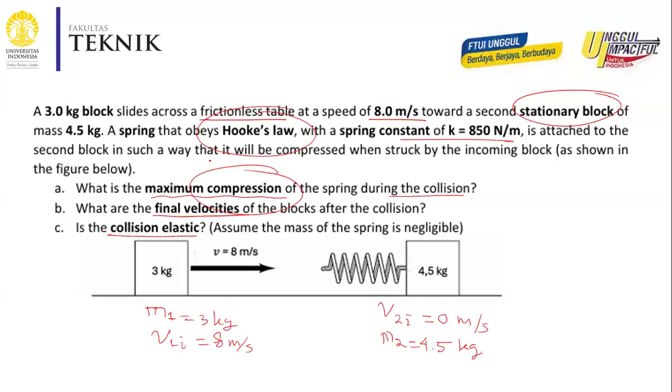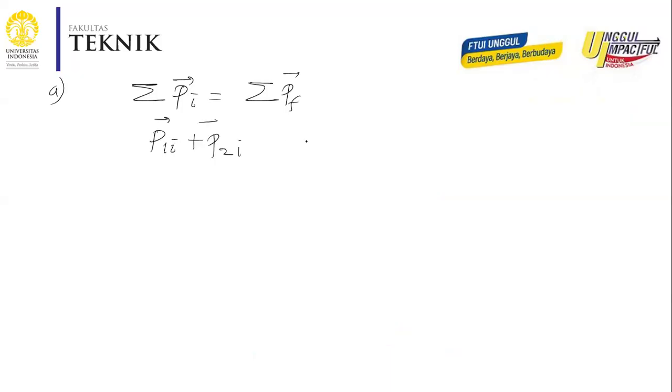It means the total momentum, we can say particle one has initial momentum. So the total initial momentum is equal to the total final momentum. P1I plus P2I will be P1 final plus P2 final.